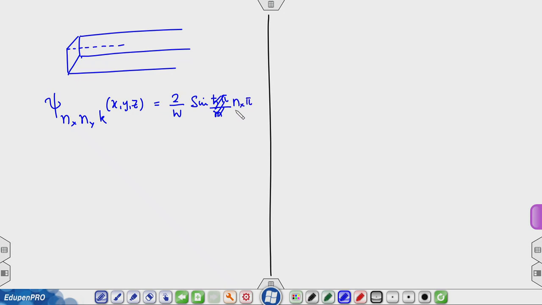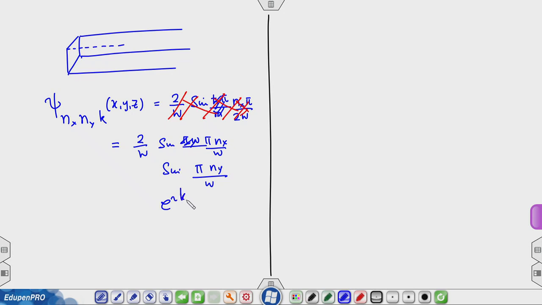Is that right? Let me just write it again. There is a sine function, so this is going to be equal to 2 over w sine pi n x over w, sine pi n y over w, e raised to i k z. That is how the wave function is, and the k z wave function is normalized over L.